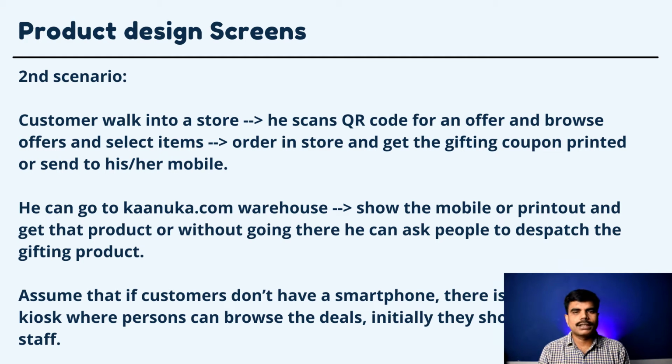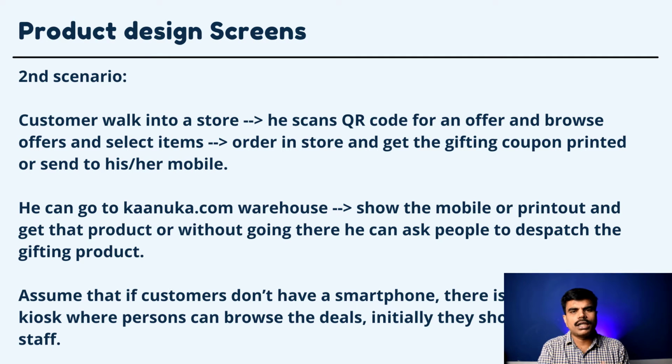If he has a smartphone and directly walks into the store, there should be one QR code where he scans and finds out all the promotions related to that particular shop, displayed in the web page or the mobile app which is attached to that QR code. And he will browse and choose the items, and then he will purchase, and again a QR code is generated for the promotional gifting. This is the entire common process.